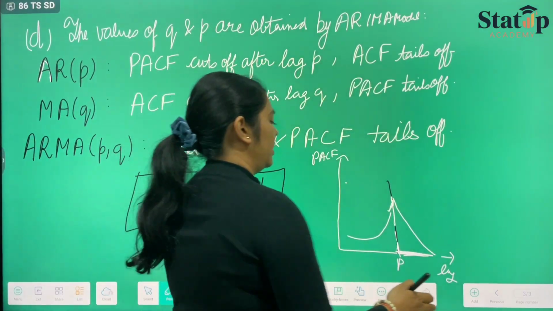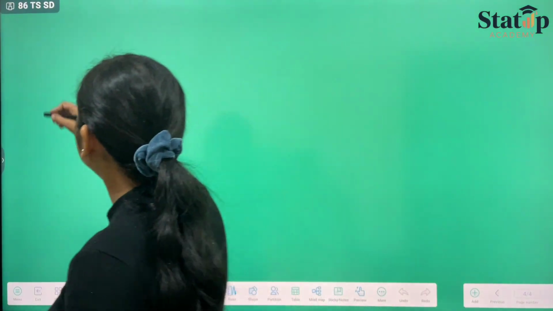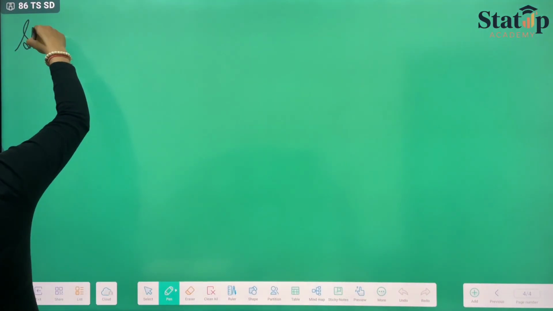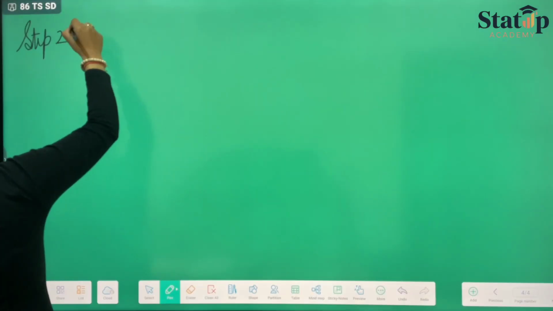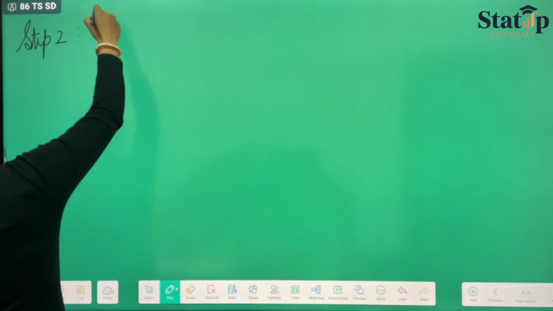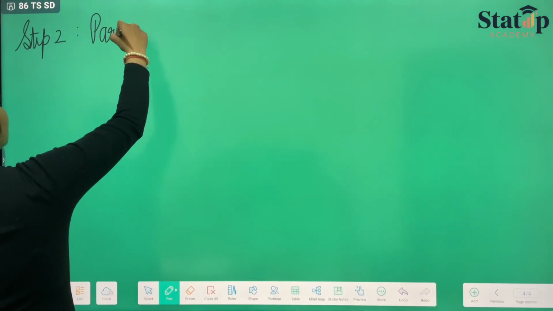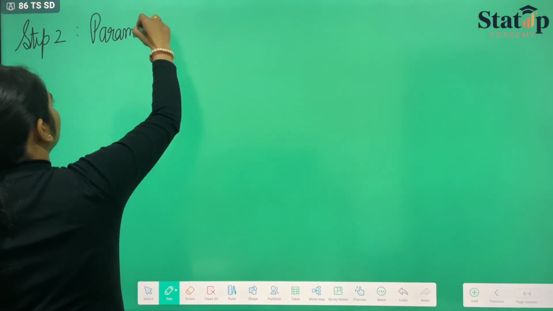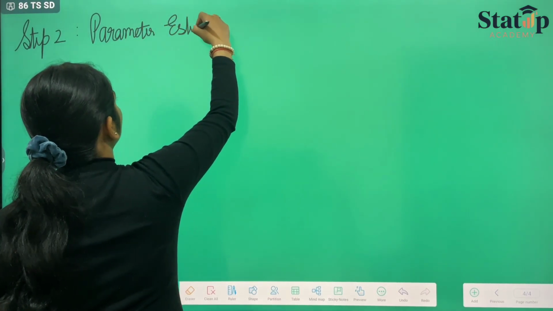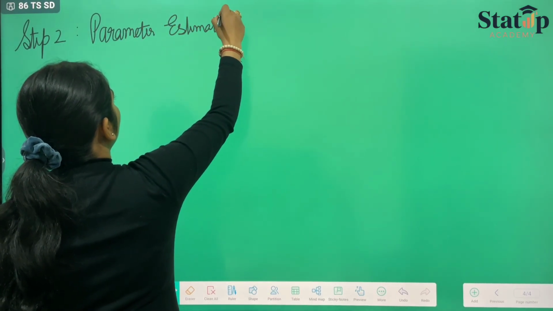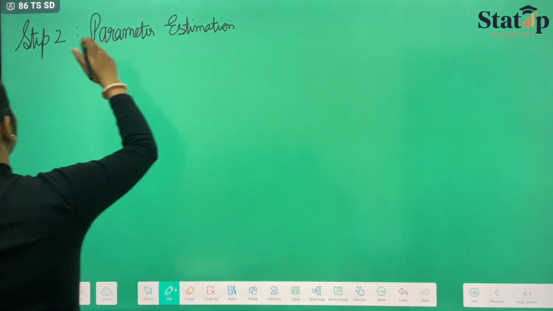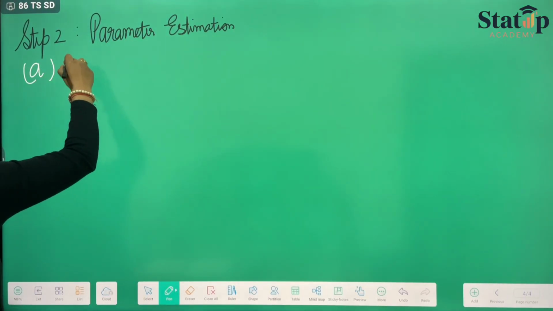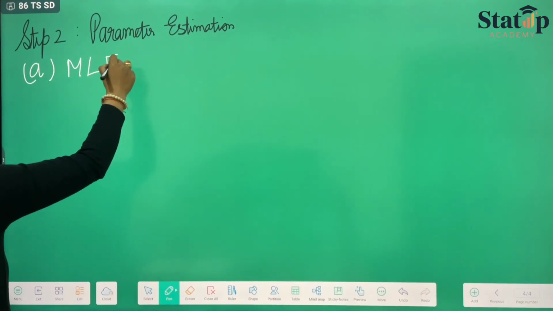So moving forward with step 2. Step 2 is parameter estimation. Now we can use procedures such as MLE, maximum likelihood estimation.